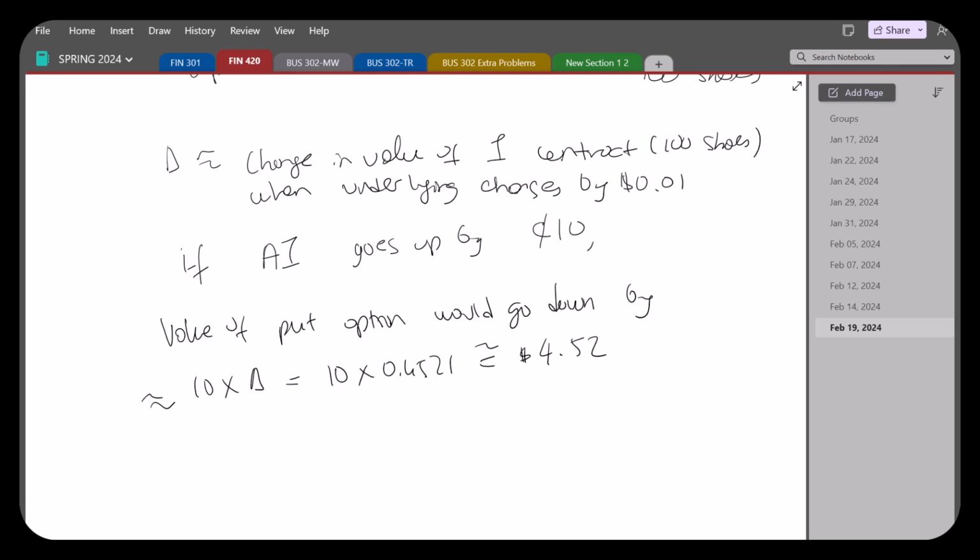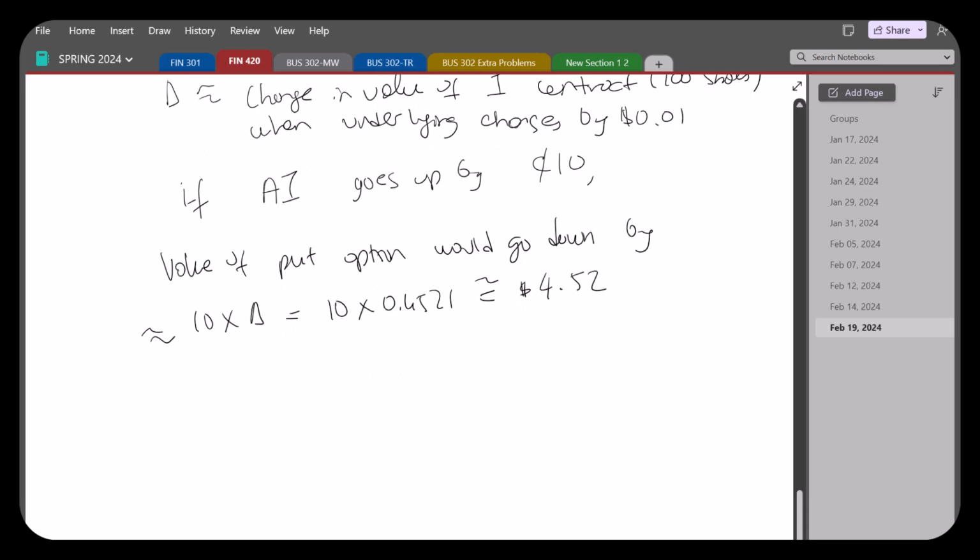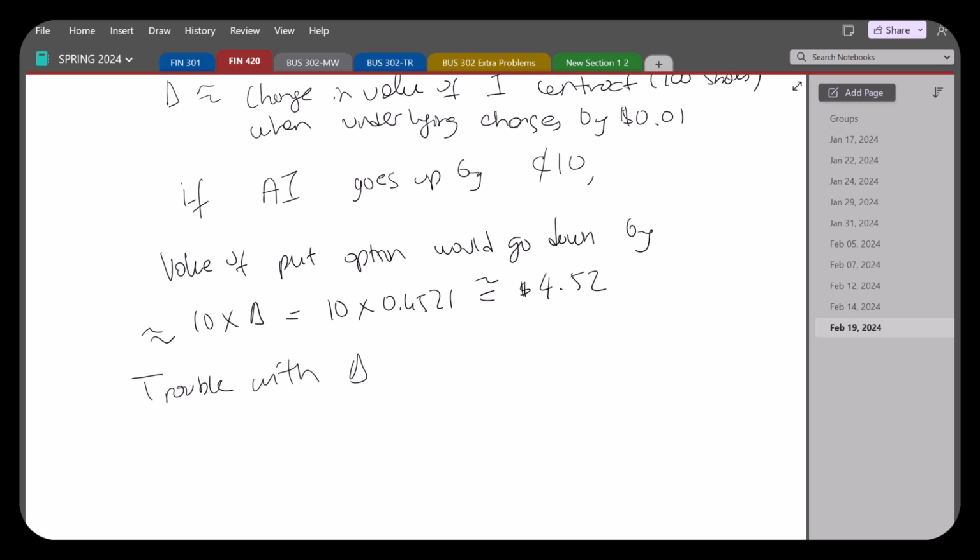The trouble with delta, I guess we'll do mostly thinking, we won't do computation today, is that it is not constant. Think of it this way. Think of a put option.